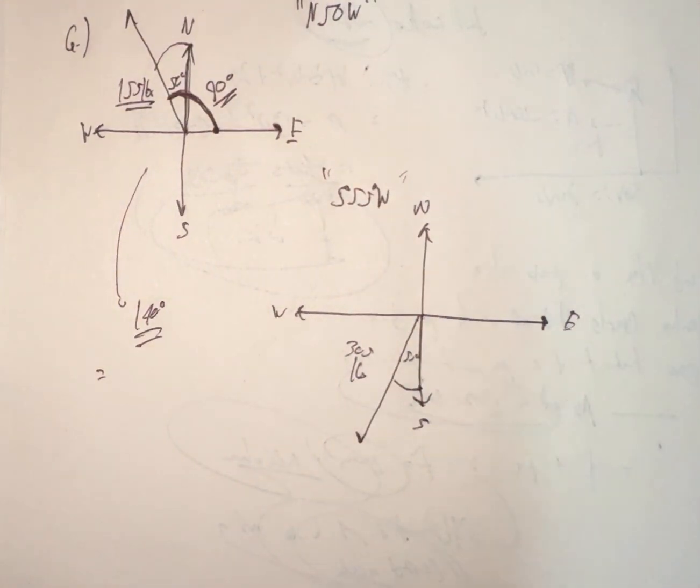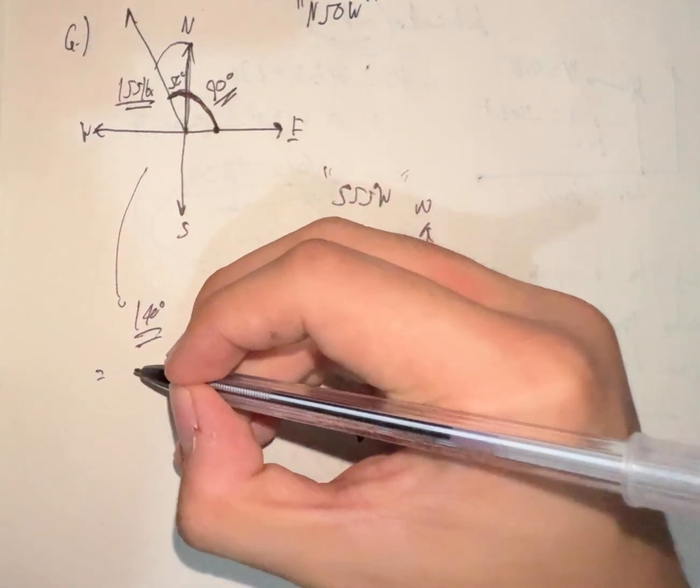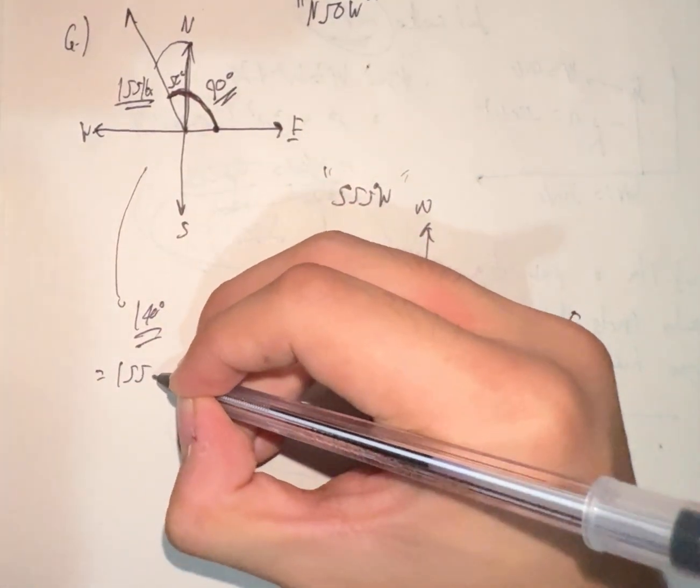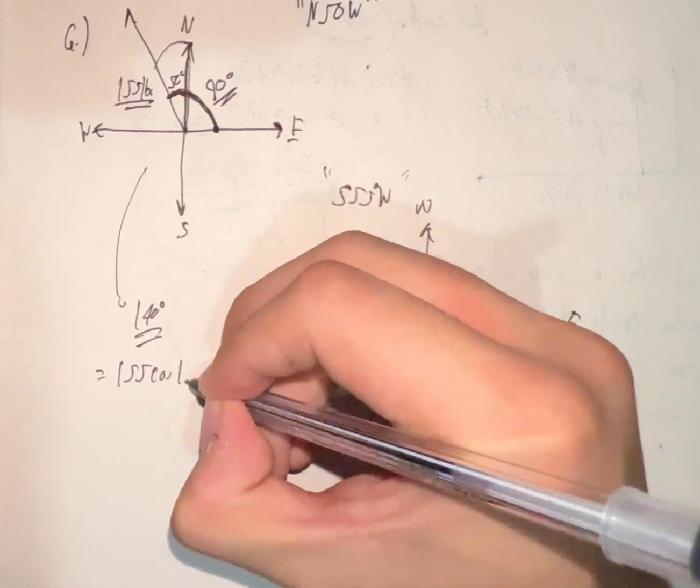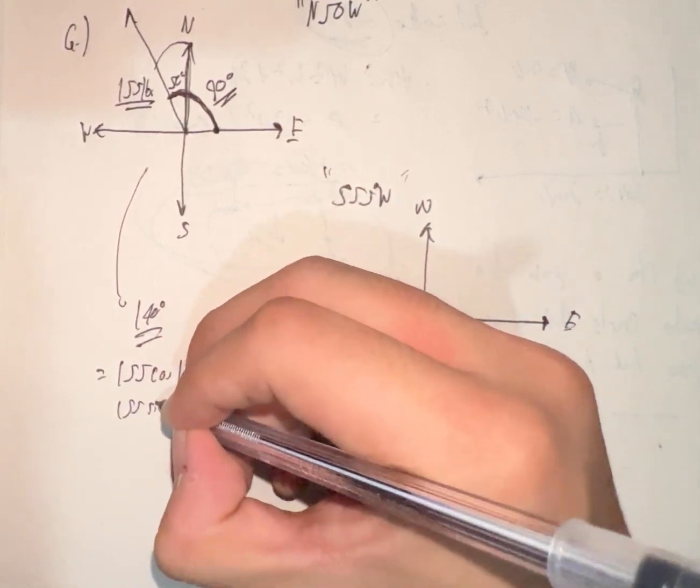The format of the cosine and sine formulas for the x and y components would be the magnitude 155 cosine the angle, 155 sine the angle.